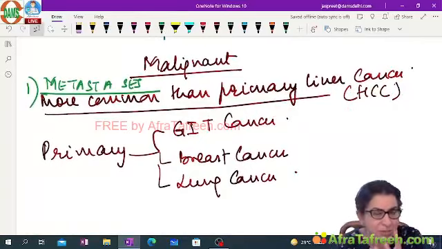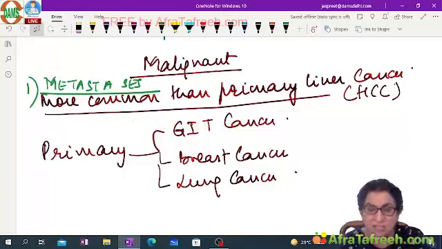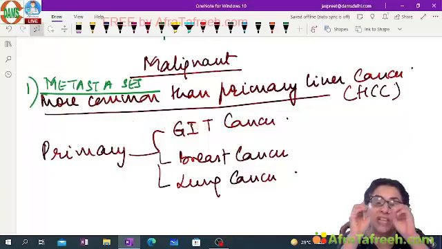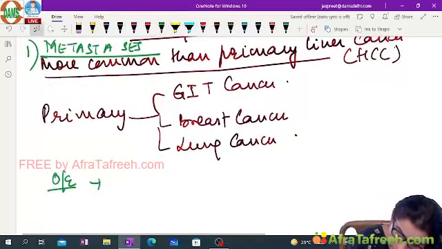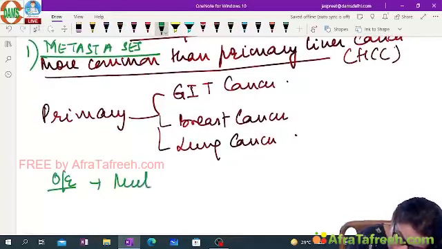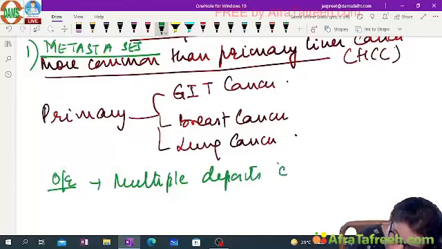Hepatocellular carcinoma is usually unifocal or a single mass, whereas metastases are multiple deposits with central umbilication.